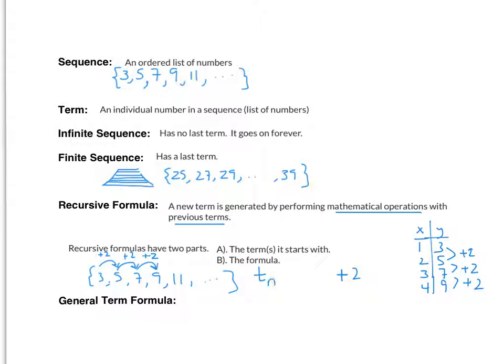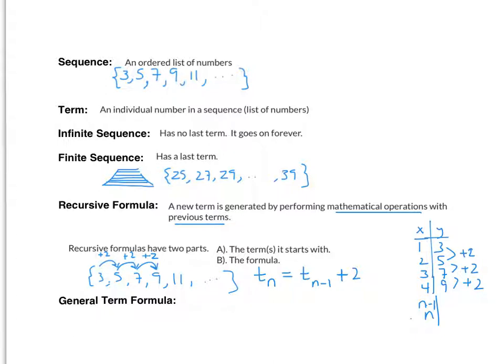I want to say that term n, so any term in the sequence, is just equal to the term before term n. If I had term n down here, the term before it would be n take away 1. So this would be t with a subscript of n take away 1, plus 2. This is saying take your term before it and add 2 to it to get the next term.